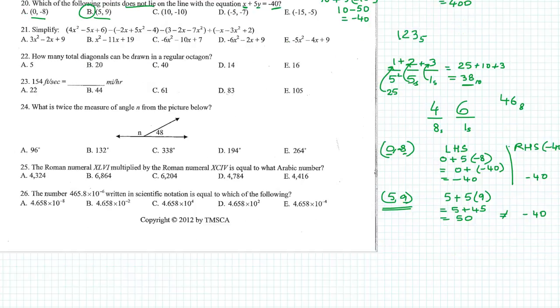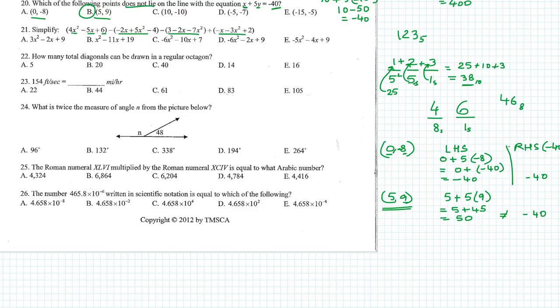Question 21. Simplify the following expressions. So we have the x squared term, x term, and a constant term in each of these parentheses. One way to do this is to collect the like terms. So let's collect all the x squared terms first.